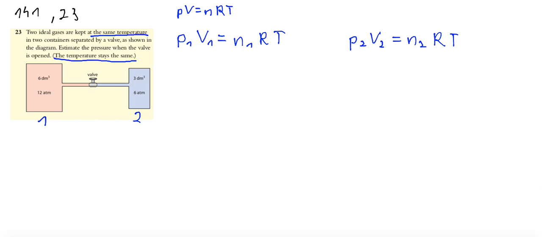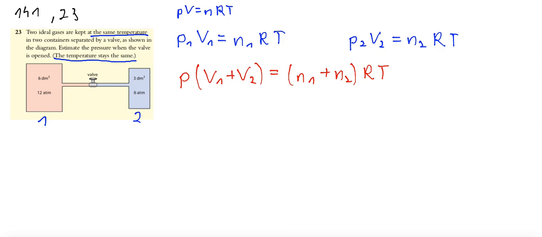So generally we can write that when valve is open, then P multiplied by total V, which is V1 plus V2, is equal to total number of molecules N1 plus N2, R times T. Temperature is constant, so T has the same index. Is it clear? Okay. So we can write these two equations by using these units, 6 decimeters cubed and atmospheres.